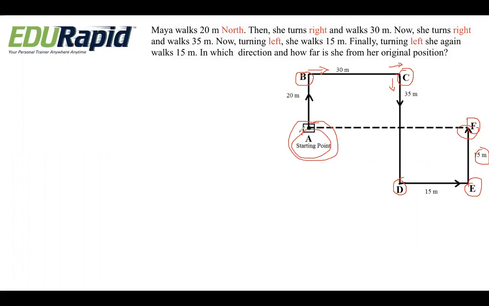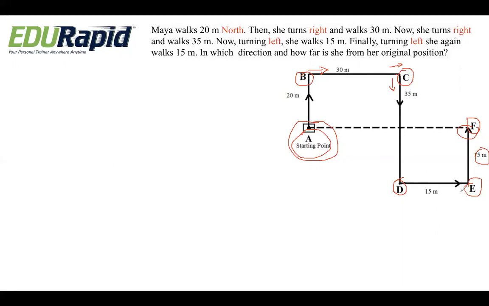What they're asking is the distance between the starting point and the ending point. So AF will be BC plus DE, which is 30 meters plus 15 meters. So 30 plus 15 is 45 meters.